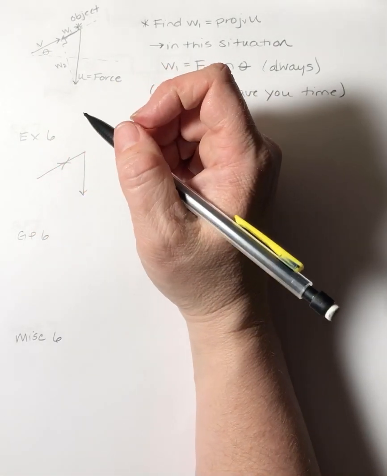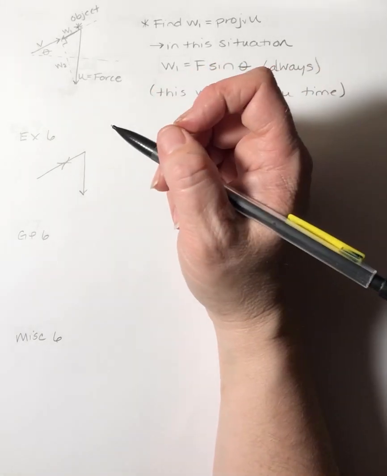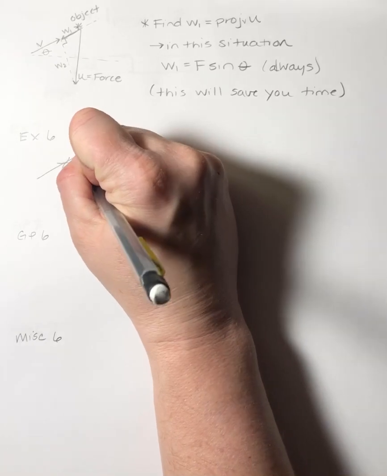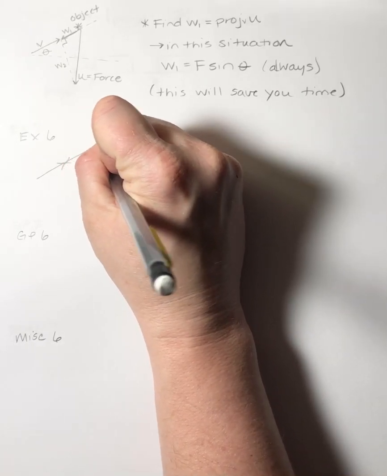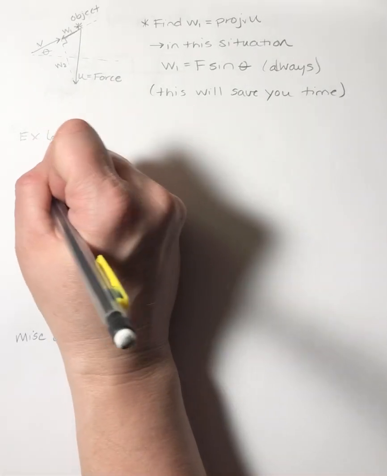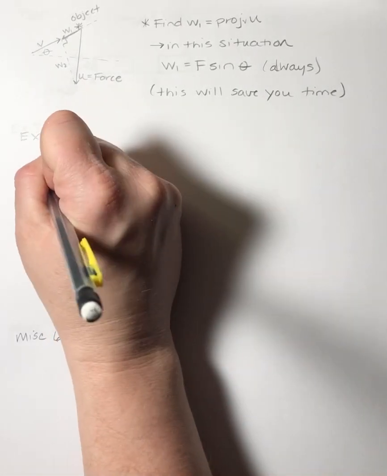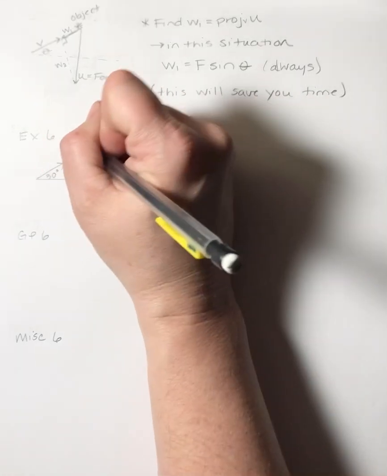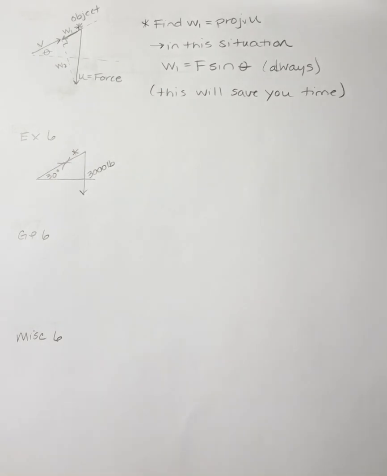For this particular one, we have the 3,000 pounds, that's our force, inclined on a 30-degree hill. Ignoring the force of friction, what force is required to keep the car from rolling down the hill? So this is what you're trying to find right here.